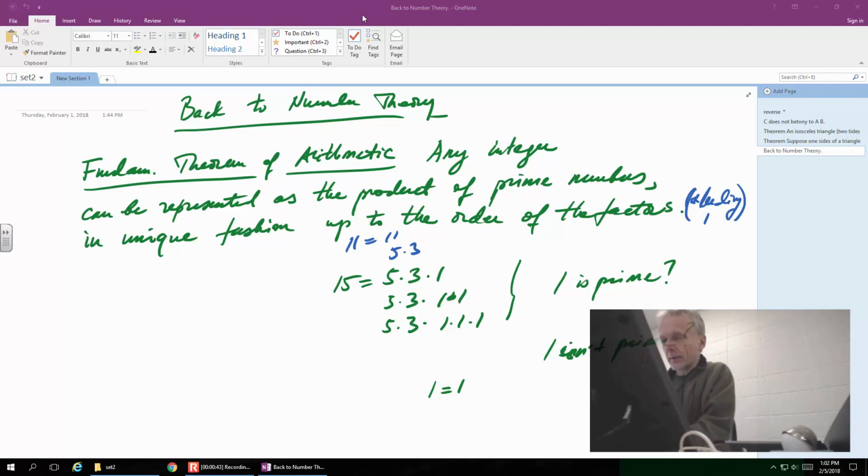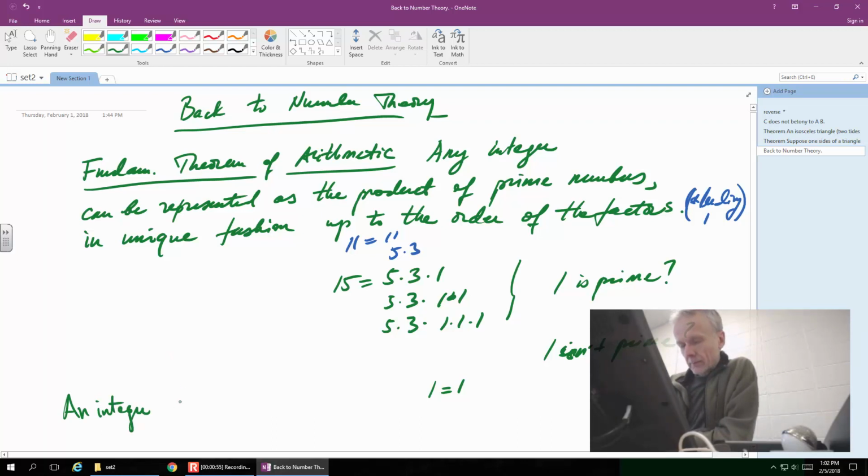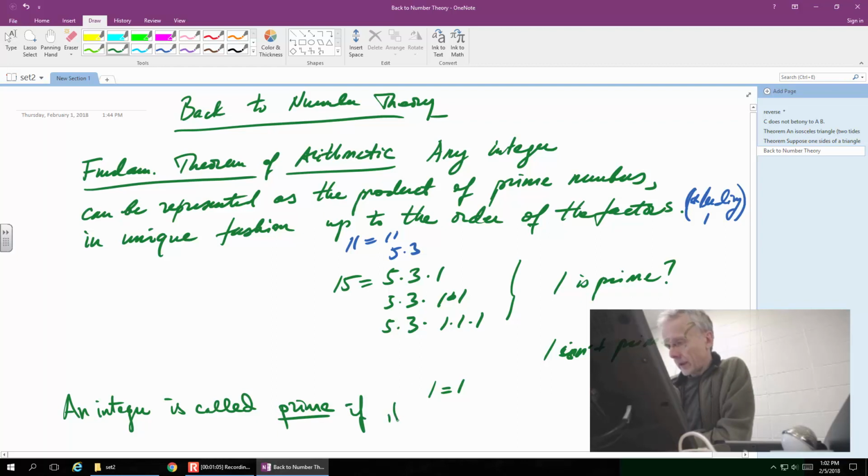So a number, well, let me write it up. An integer is called prime, or a prime, if its only divisors are 1 and itself.